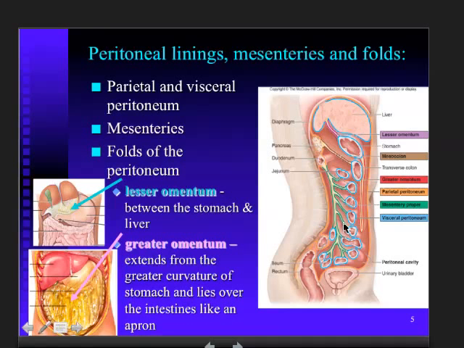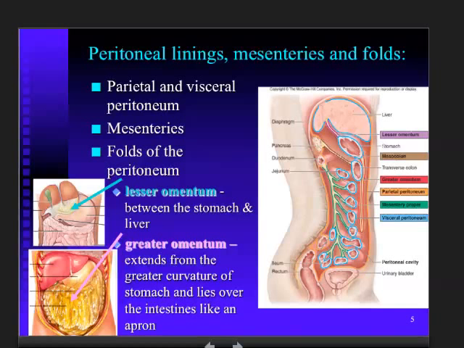But in some instances, you have, for example, a covering of serous membrane over the liver, and then you have this connection between the liver and eventually the stomach. That's called the lesser omentum, all right? And it connects the lesser curvature of the stomach.